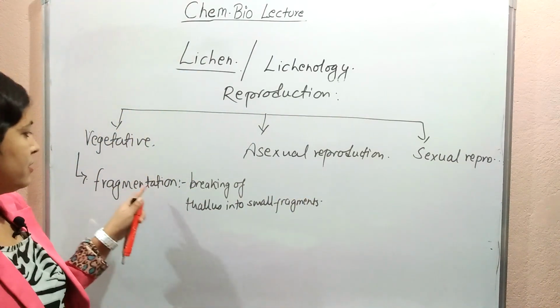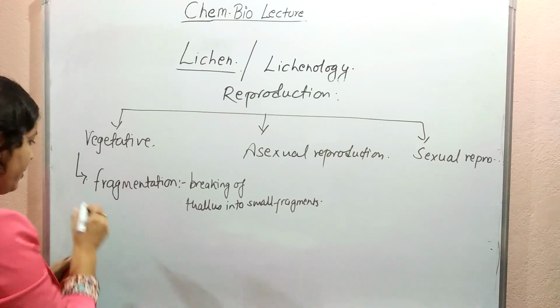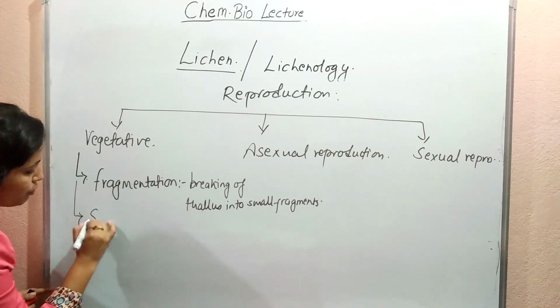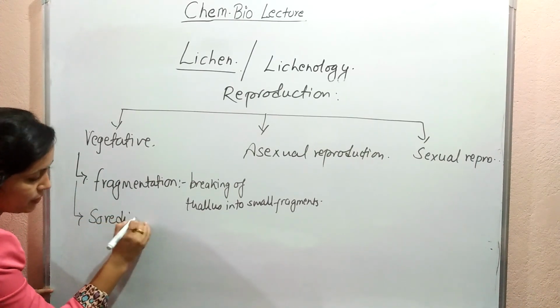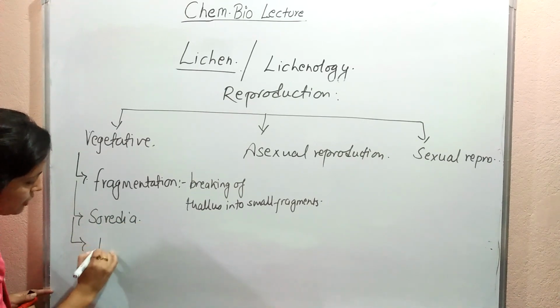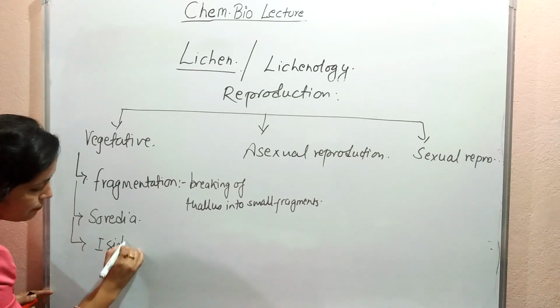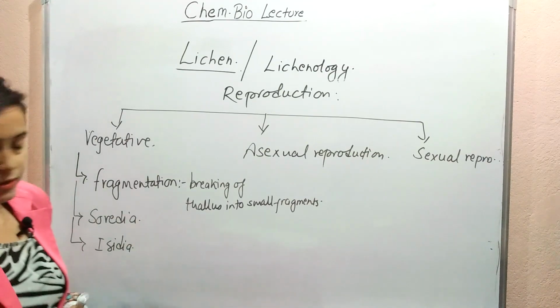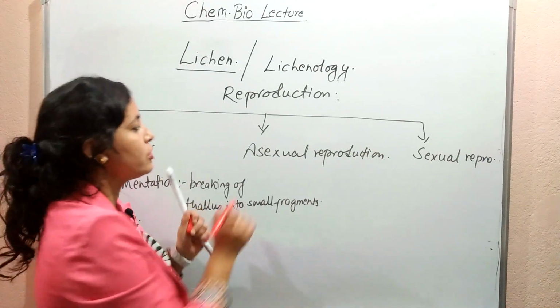So that process is what? Fragmentation. Another is by the formation of soredia, and the next one is by the formation of isidia. We will discuss these.